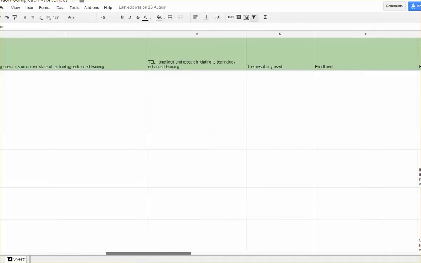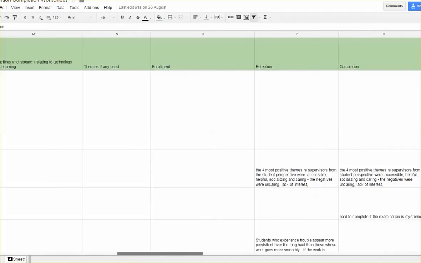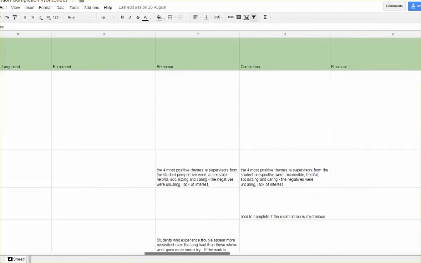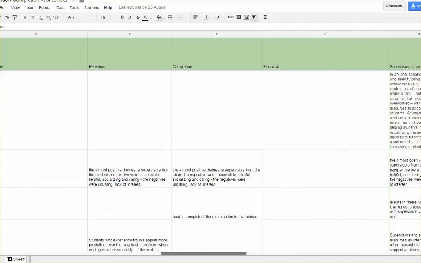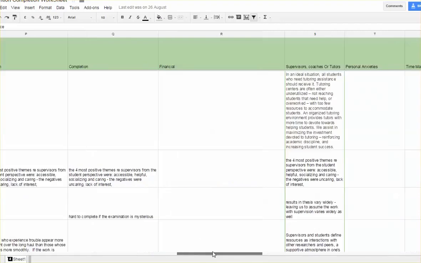And then across the top are the topics that have to do, as I just pointed them out. The part I had written most recently had to do with retention, completion, what students expect from supervisors. So you put in your reference, and then for that reference, you fill in the box for what that person said about any of these topics.